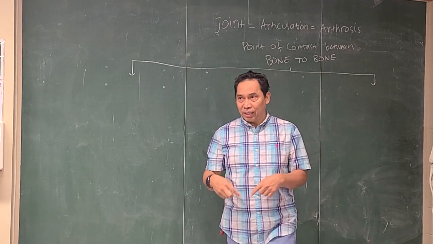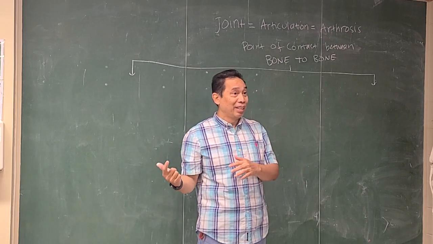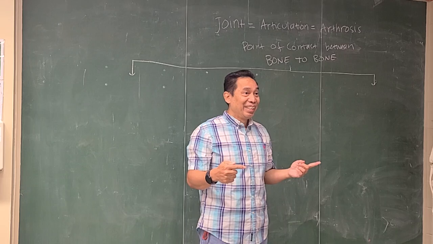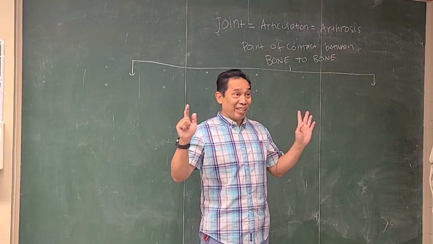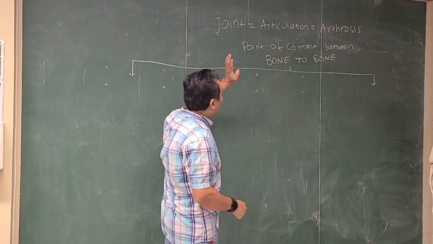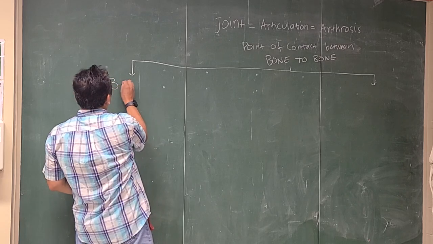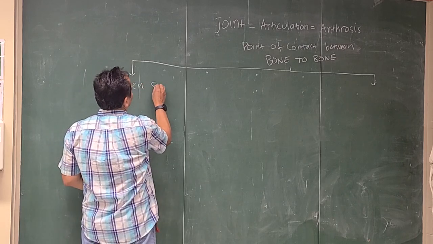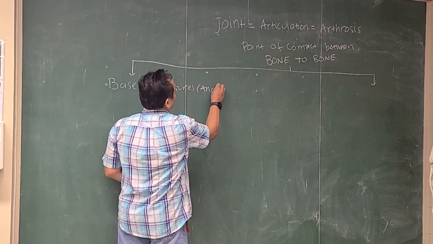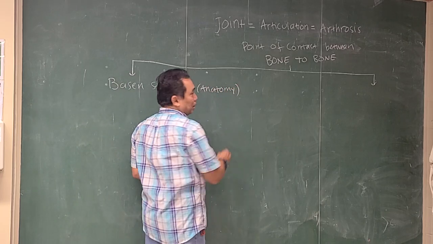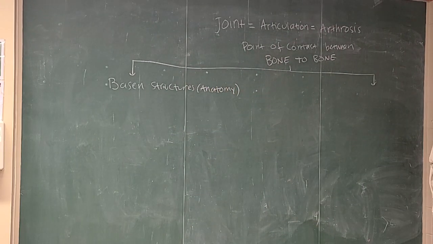Okay, remember our course name. What's our course name? Anatomy and physiology. What is anatomy? Science of structure. What is physiology? Science of function. You guys understand? So we're going to divide the types of joint first based on structure, or based on anatomy.